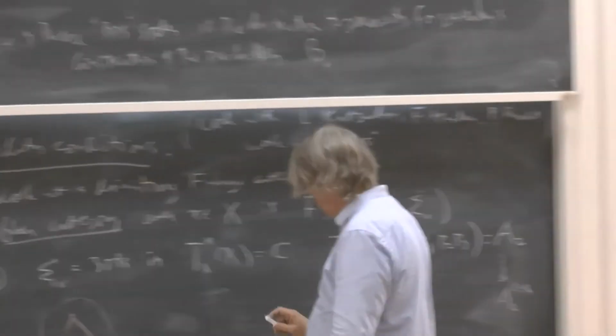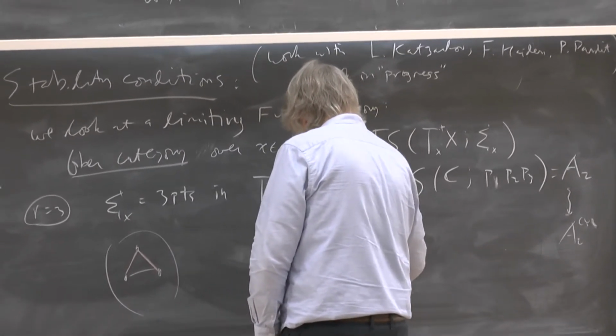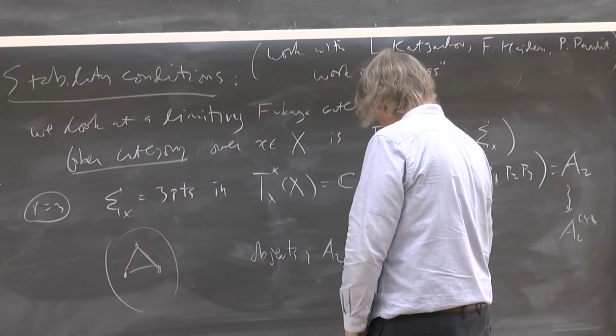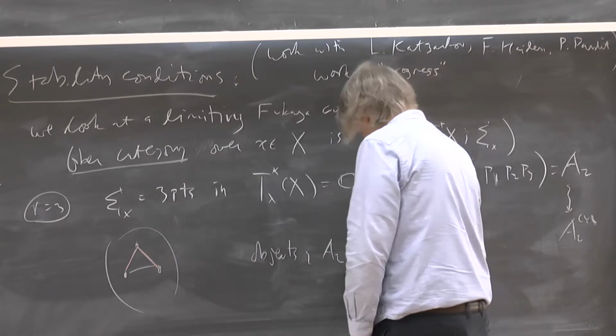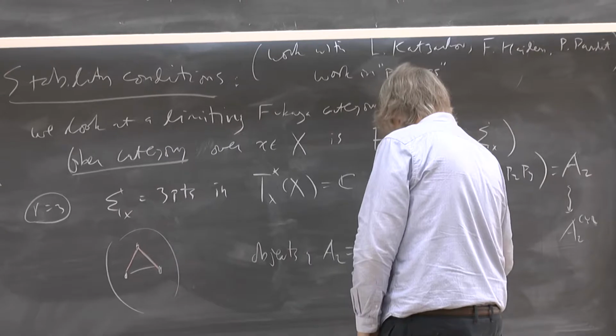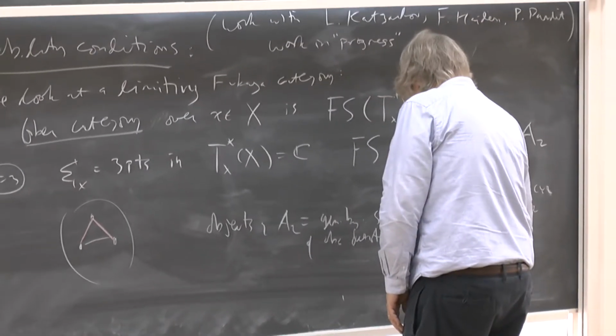So basically the objects of this A2 category are generated by shifts of objects denoted 1 2, 1 3, and 2 3.